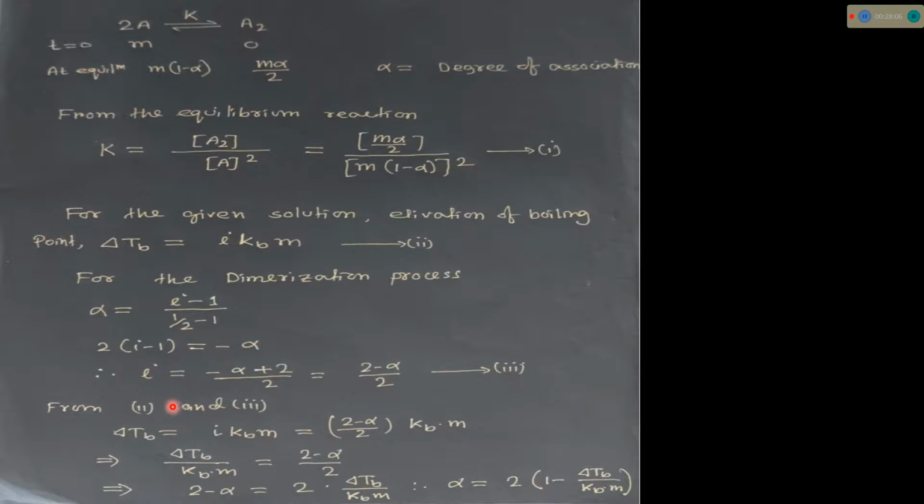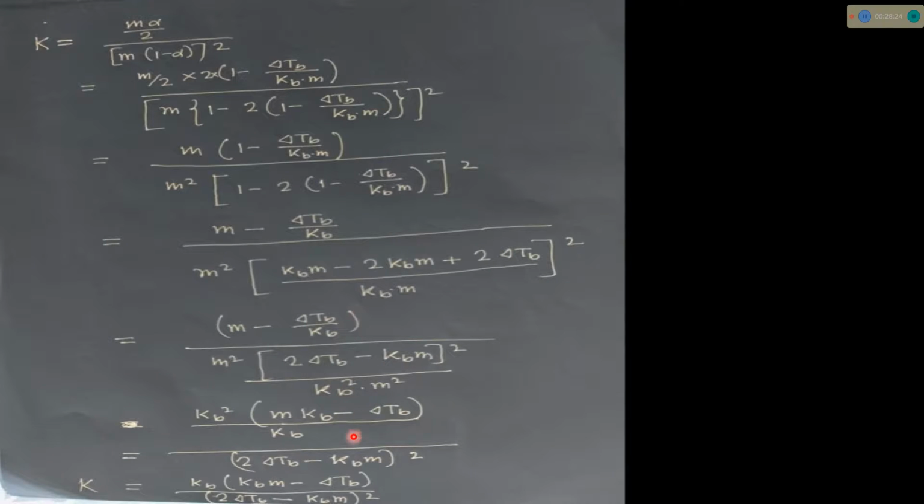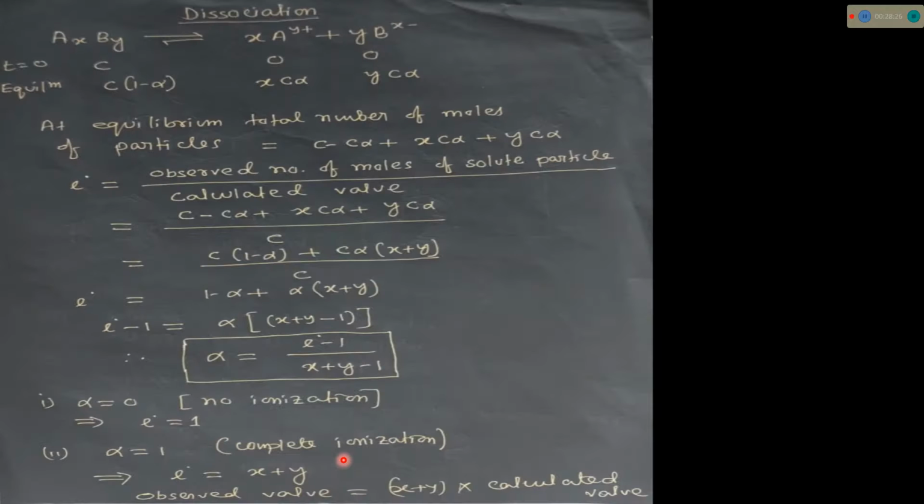From this we find the value of I is equal to 2 minus 2 alpha, and del T equals I KB M. We found that alpha, the degree of association, equals 2 into 1 minus del Tb upon KB into M. We just put this value of alpha in these expressions, and automatically we will get the expression of the K value. I wanted to show how to relate the degree of dissociation or association with the van't Hoff I factor.